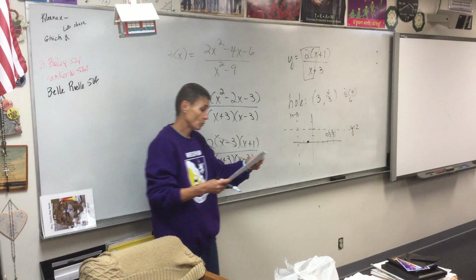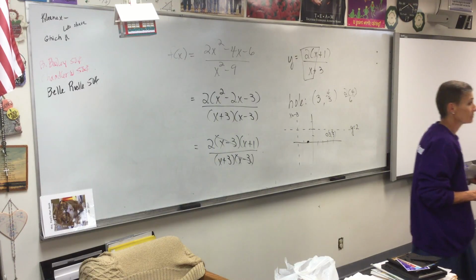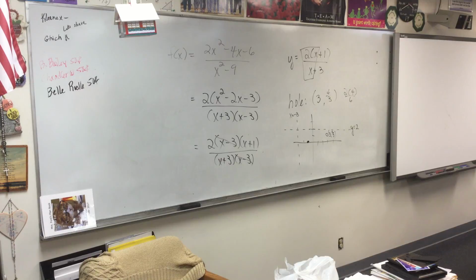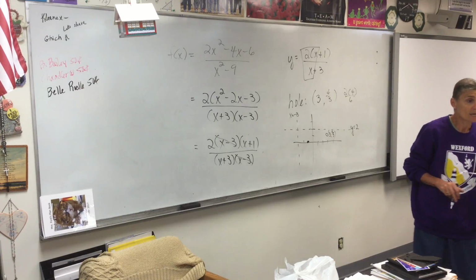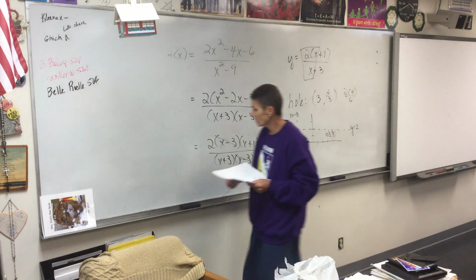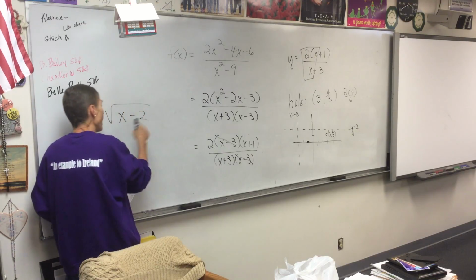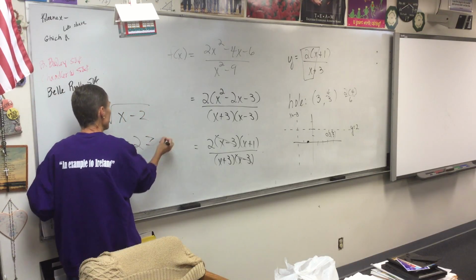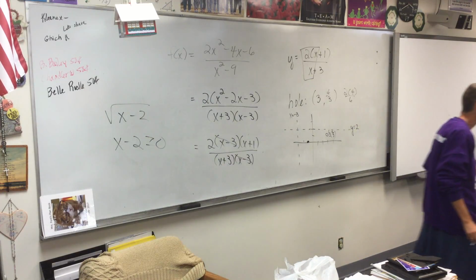Number 2, I'm looking at the quiz. Number 2, what's the domain? Say it louder, Thomas. X is greater than or equal to 2. Now, those of you that are still in La La Land, remember, if it is under a radical, it must be greater than or equal to 0 every single time.